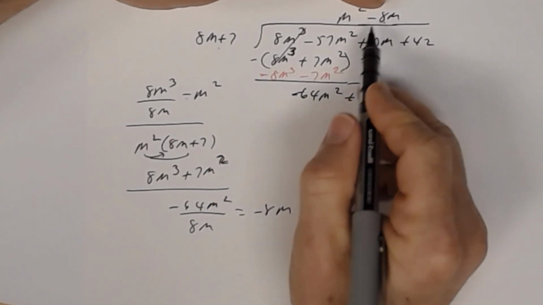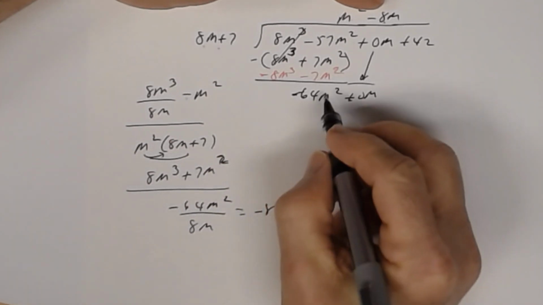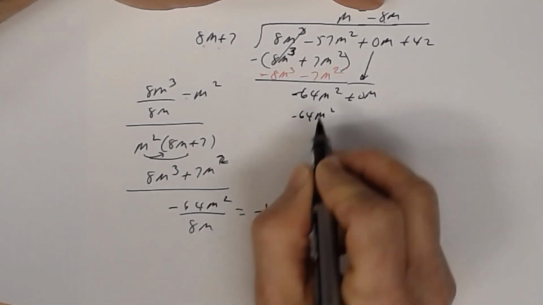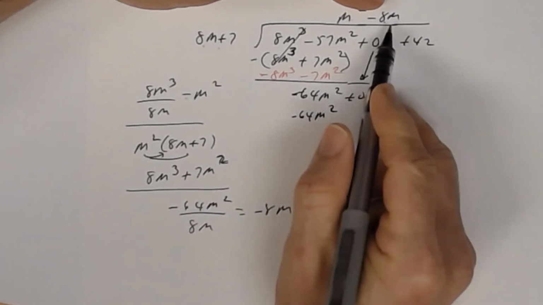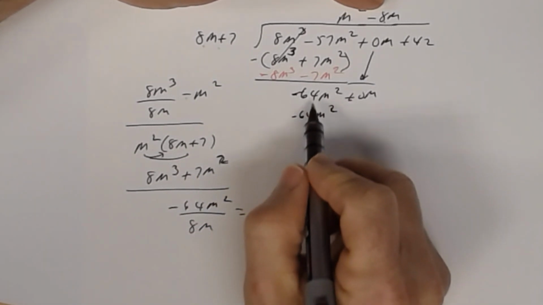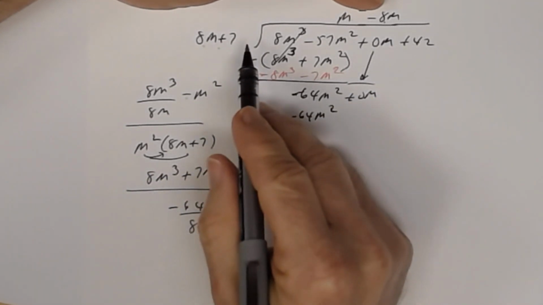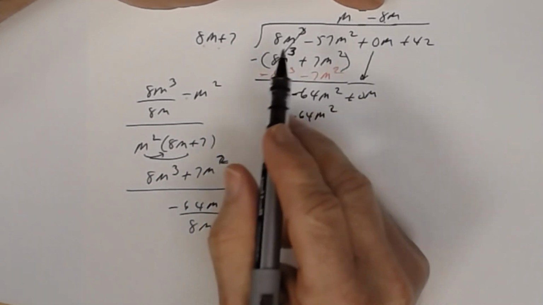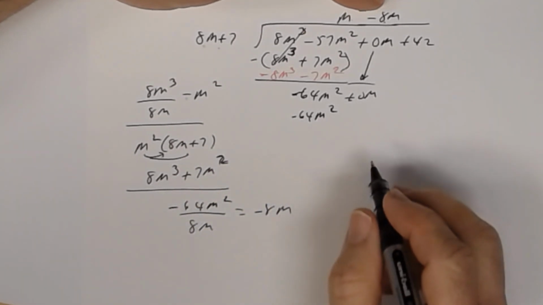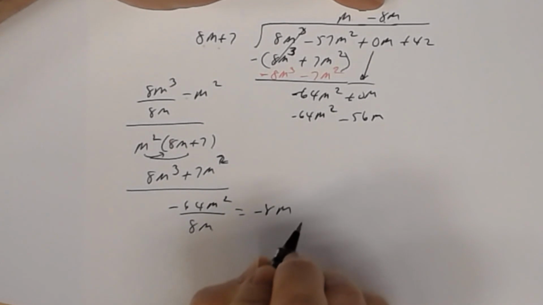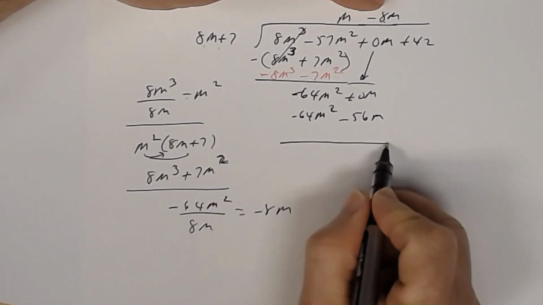Negative 8m times 8m is negative 64m squared, which is what you're supposed to have, because that's what this is. You wrote it down correctly when these two are the same, just like it was here. Negative 8m times 7 is negative 56m. Now we're going to subtract.